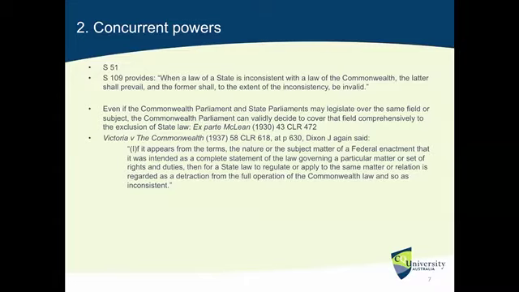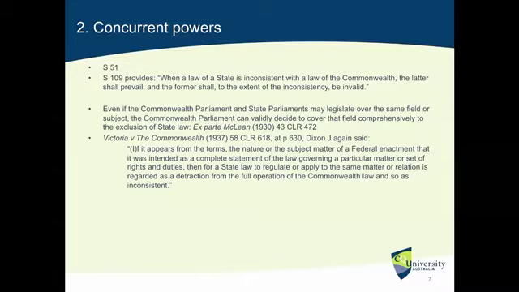Now, it would still be possible for the state parliaments to legislate on the same field or the same subject that the Commonwealth Parliament has legislated on, for as long as the Commonwealth Parliament has not expressed its clear intention in the legislation to cover the field comprehensively and exclusively, as opposed to state parliaments.